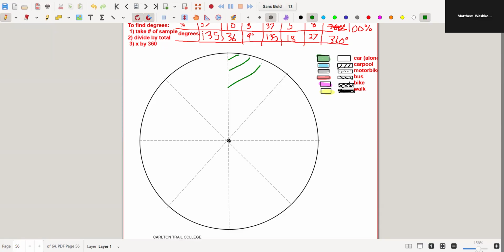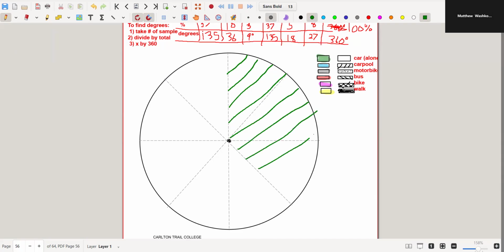I'm going to do this. I'm going to indicate that on my actual border as best I can.